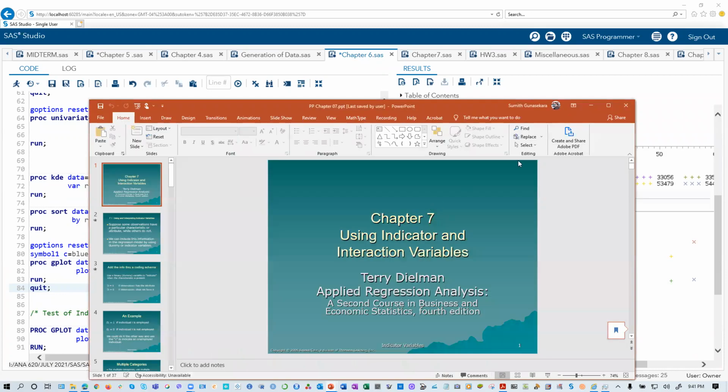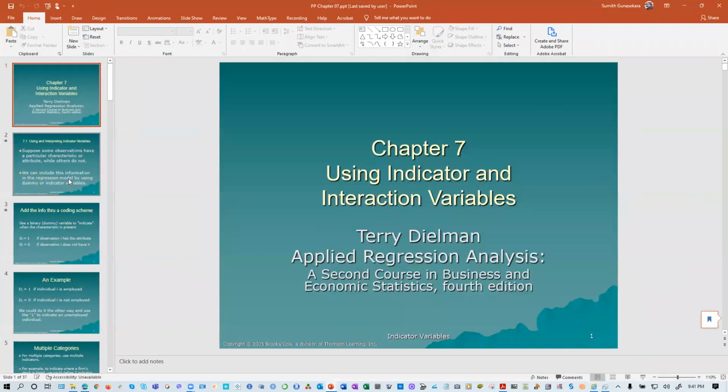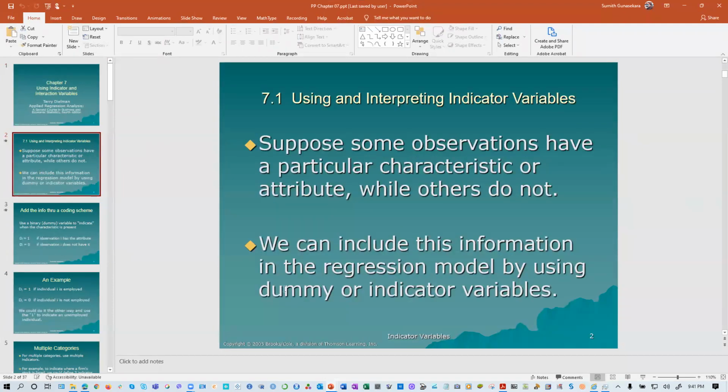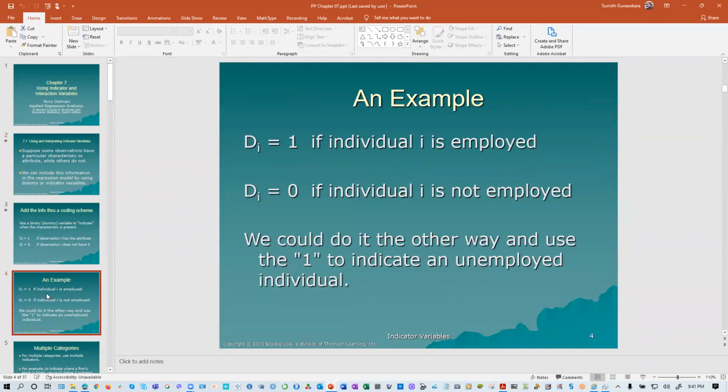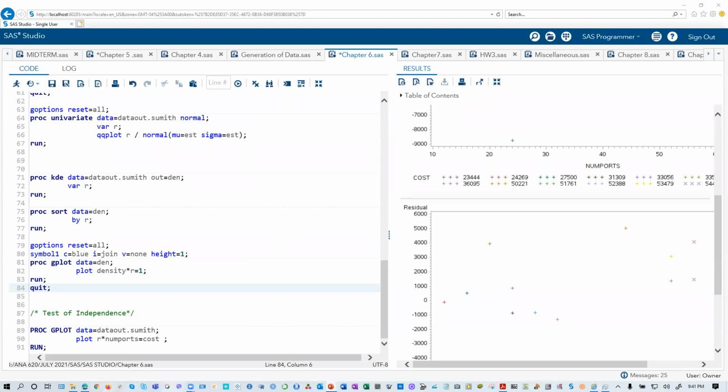homework too. In chapter 7, pretty much what we're going to do is include a categorical variable for x. If you have a categorical variable, how do you represent that one?